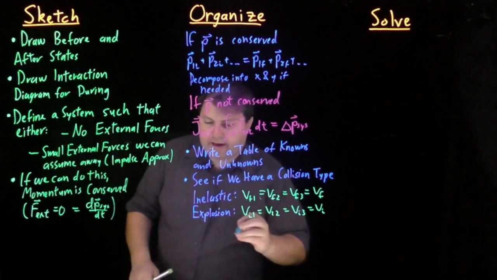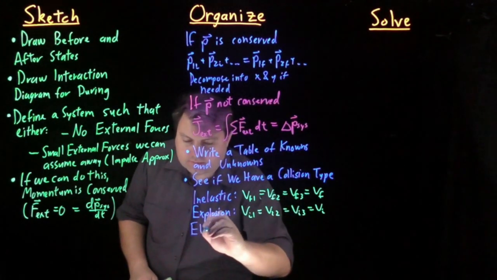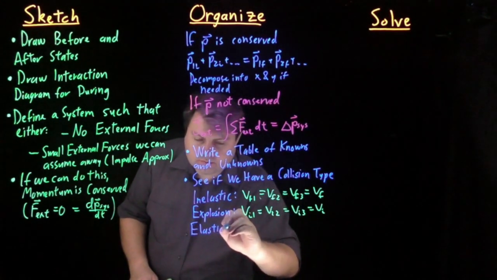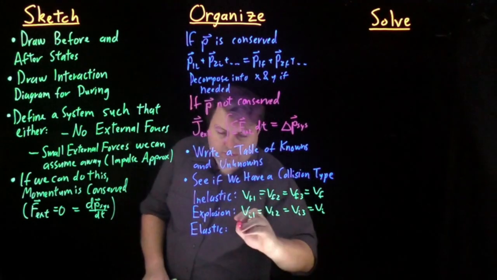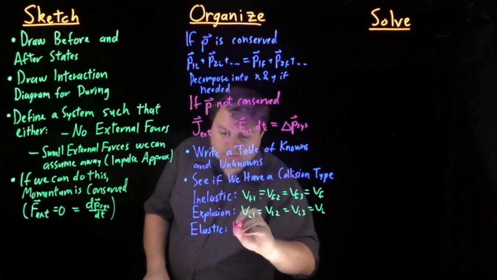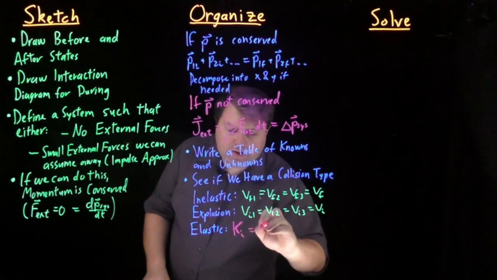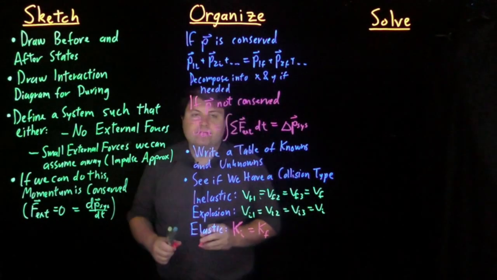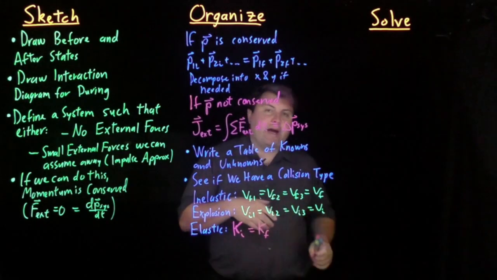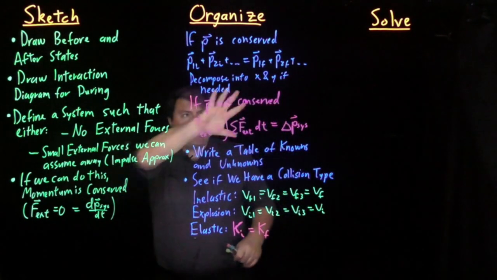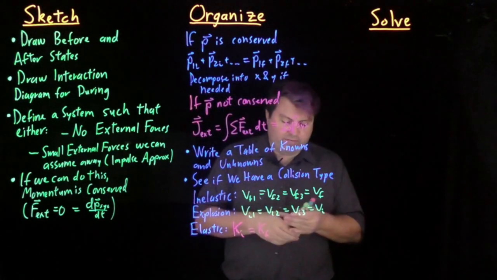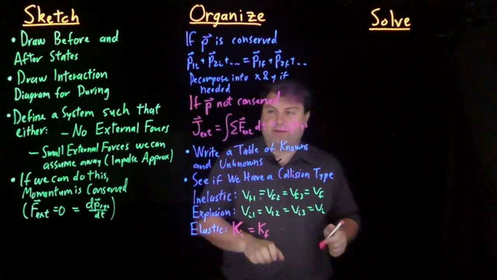If we have an elastic collision, we are saying that the kinetic energy initial is equal to the kinetic energy final. And what we can do is look at the elastic solution and use that in our solve step instead of having to redo the elastic solution every single time.